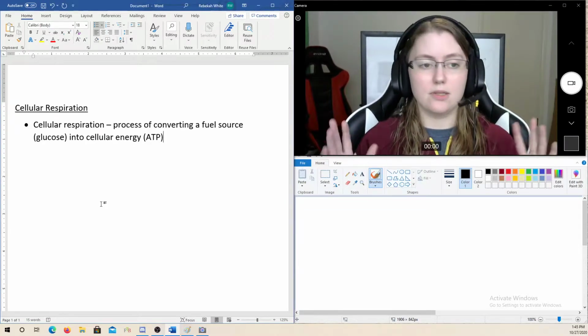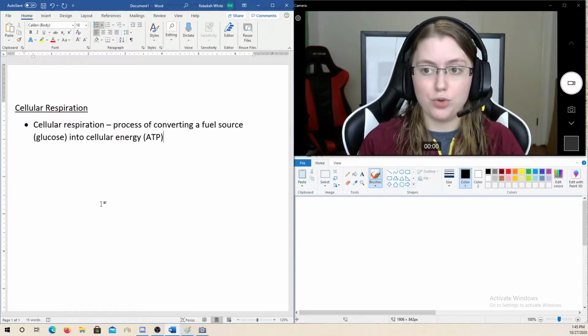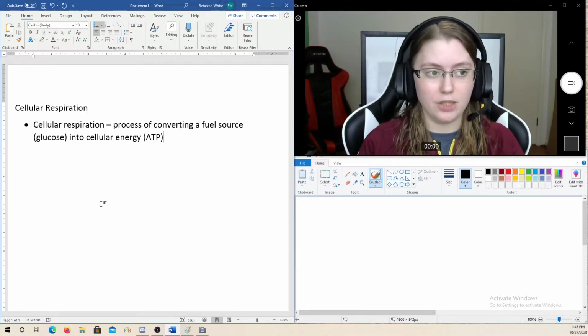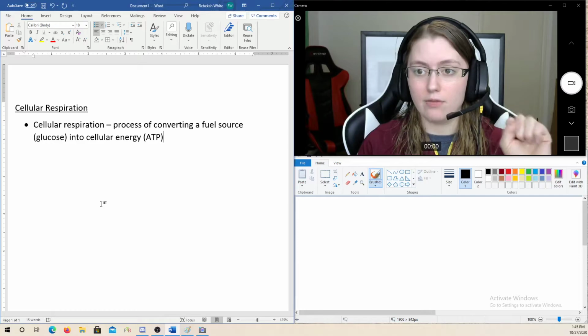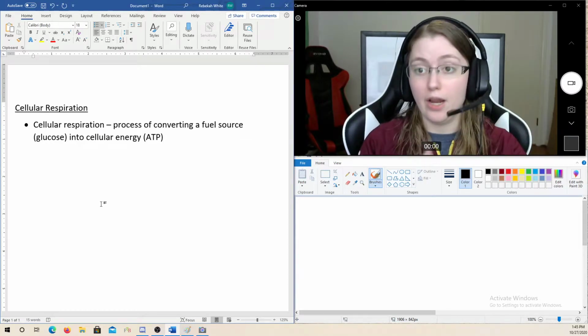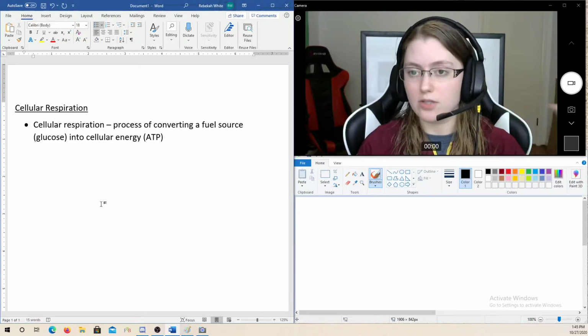Okay, so this definition that I've put up is applicable to all the types of respiration that we will talk about today. There are two main categories of respiration. We have aerobic respiration, that's the type of respiration that requires oxygen.